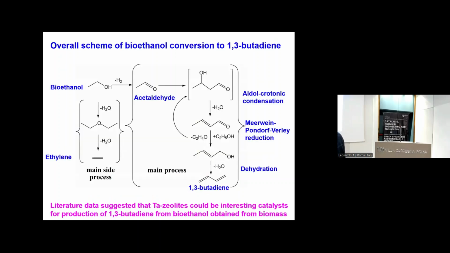So we can see that 1,3-butadiene from bioethanol is formed in the cascade reaction. So for this we should have several kinds of active species in the zeolite with tantalum.